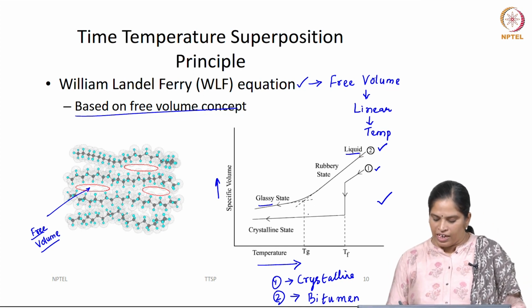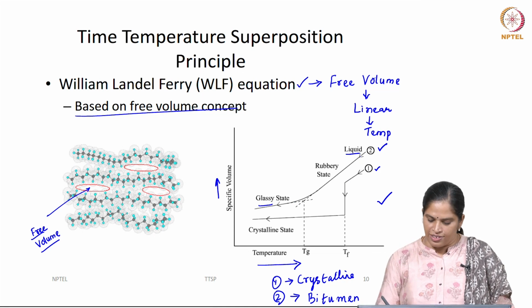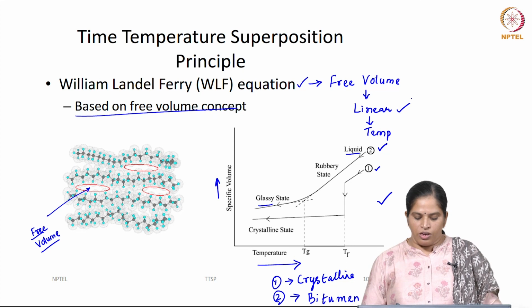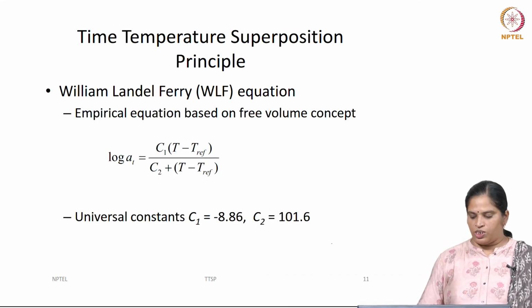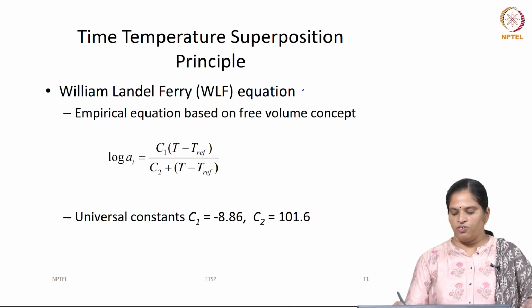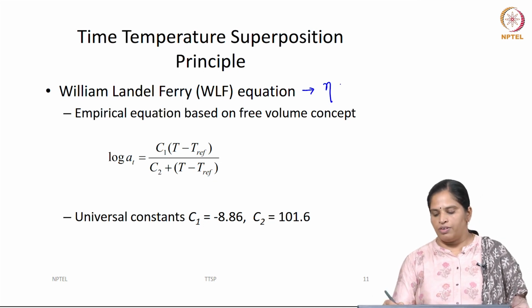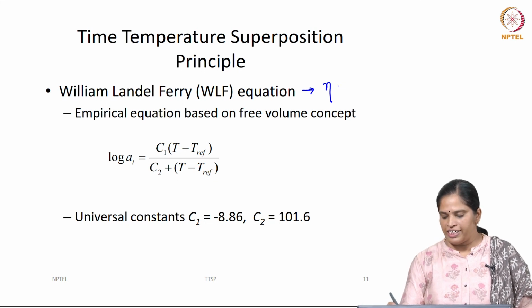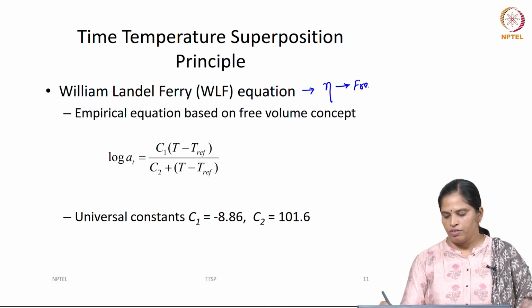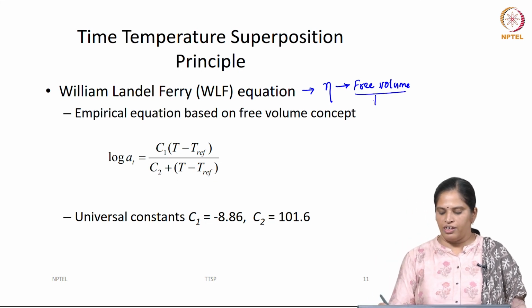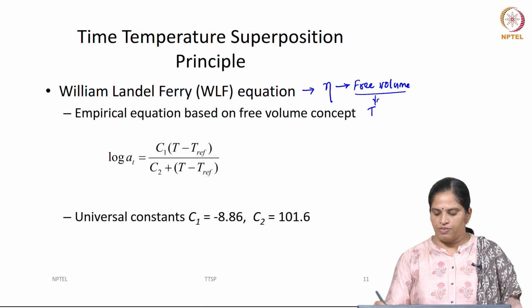The WLF equation assumes that this decrease in free volume as the temperature goes down follows a linear pattern. So, the WLF equation is based on free volume. They have related viscosity with respect to the free volume and assumed that the free volume varies linearly as a function of temperature.